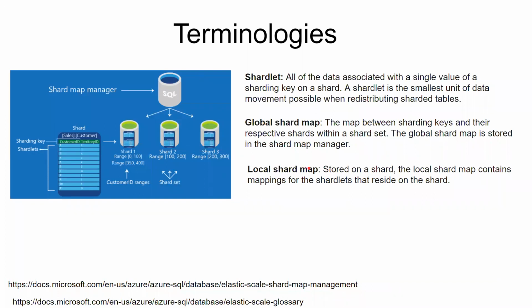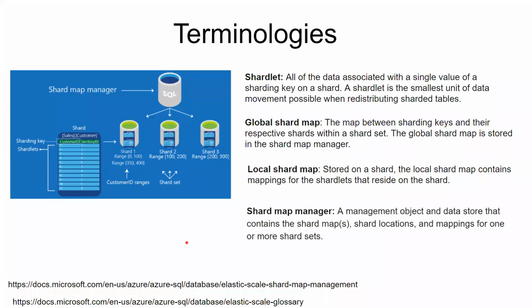And the local shard map, and this is maintained at the high level, right? You maintain a separate database which holds this mapping, the global shard map. Now, once you reach the appropriate shard, there you actually have another mapping which maps it further to the shardlets within that shard. And like I said, the shard map manager is what contains this global shard map.